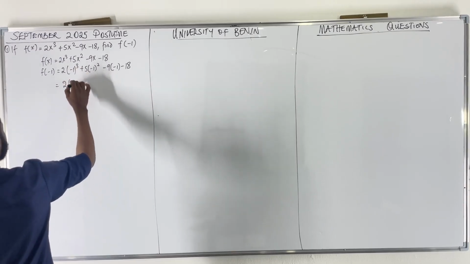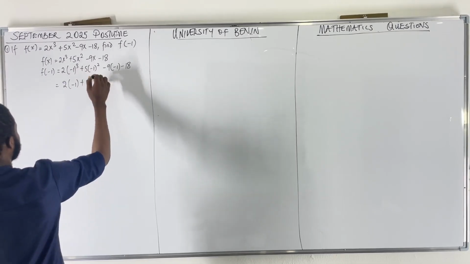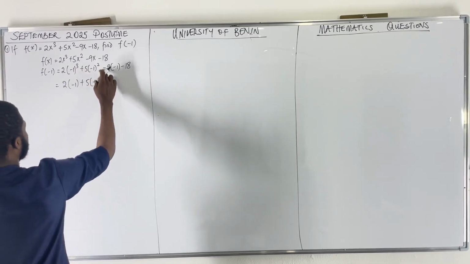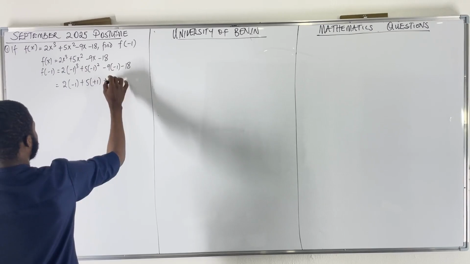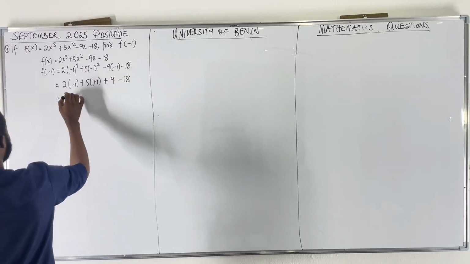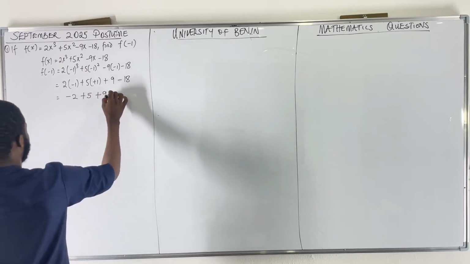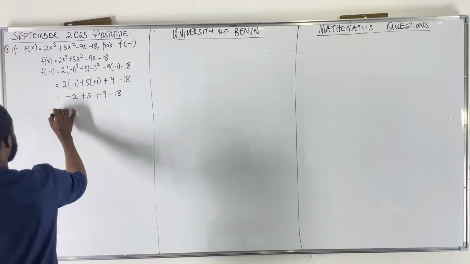Now minus 1 cubed is minus 1, and minus 1 squared is plus 1. Minus times minus 1 gives plus 9, and then minus 18. 2 times minus 1 is minus 2, plus 5, plus 9, minus 18.